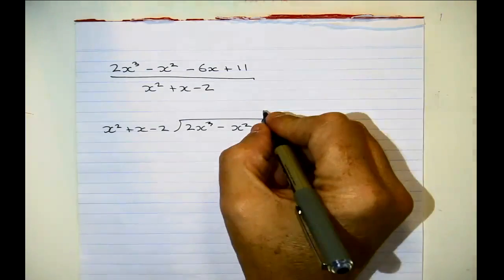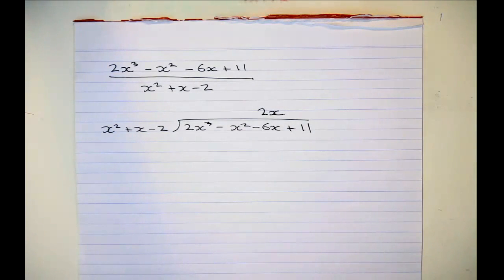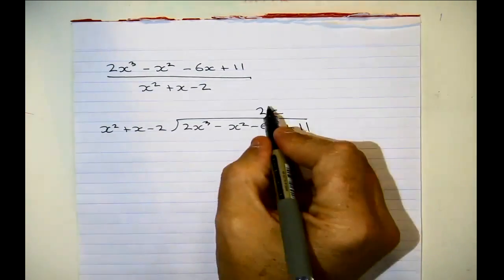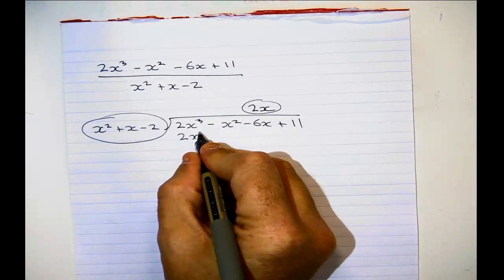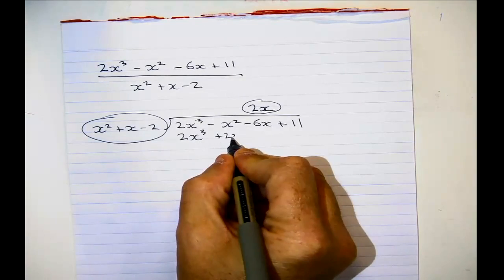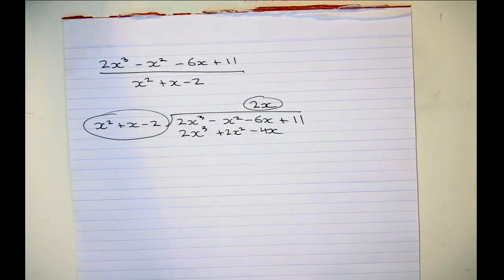So you write that, and usually we line them up, not that it really matters. Then you multiply this times this and write it underneath. That's just 2x times x squared plus, and you subtract.